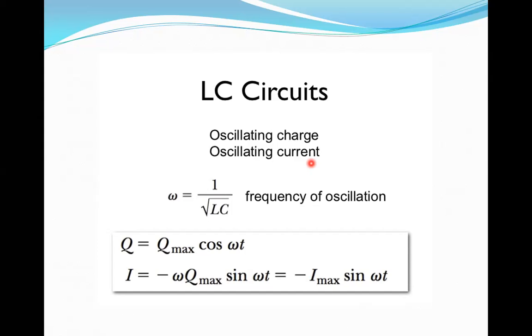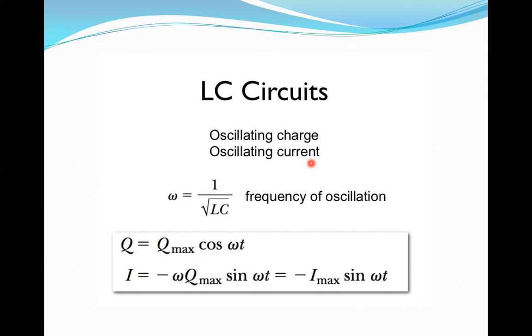And when we say that the charge in the condenser is oscillating, then definitely there will be a time period. That time period is given as T is equal to 2 pi by omega, where omega is equal to 1 by under root of LC.